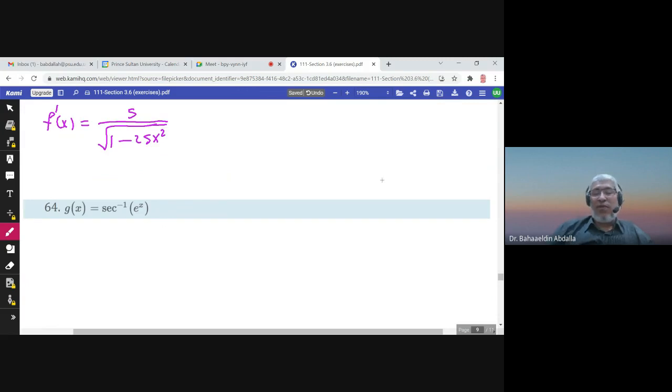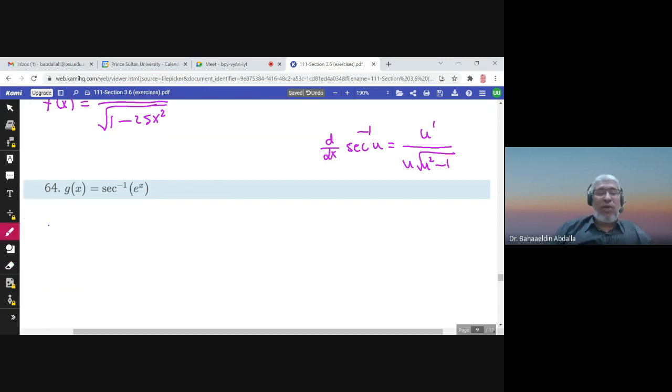Also secant inverse. D by dx of secant inverse u is 1 over u times square root of u squared minus 1 and then times u prime. So just apply the formula.